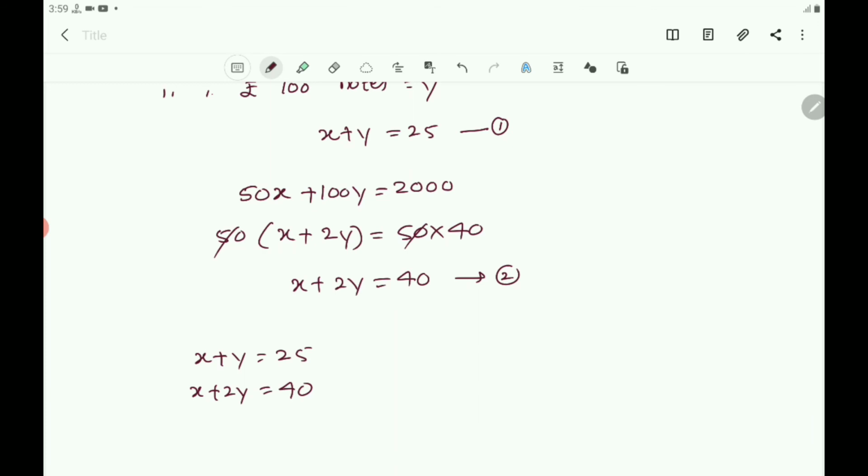Now observe that in both equations X has the same coefficient. Therefore you can eliminate X easily by subtracting one equation from the other. This is the first equation, this is the second equation, and 40 is greater than 25. You will subtract the first equation from the second.